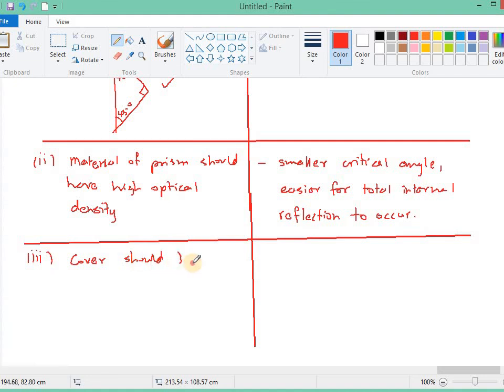Cover should be transparent, allow light to pass through easily.